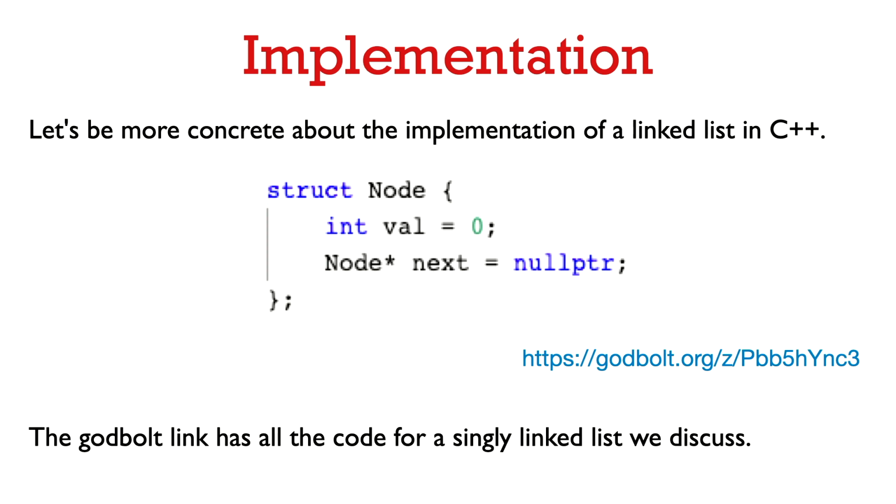And this is going to hold the address of the next node in the list. I'm initializing val to be 0 just to give it some default value, and I'm initializing next to be null pointer. And you can find all the code that I'm going to discuss in the next few slides at this Godbolt link.